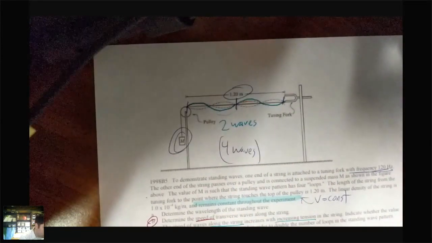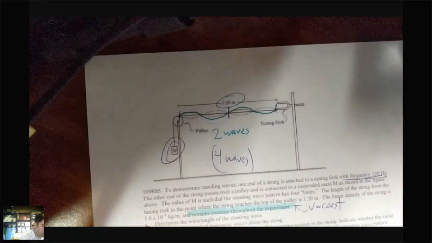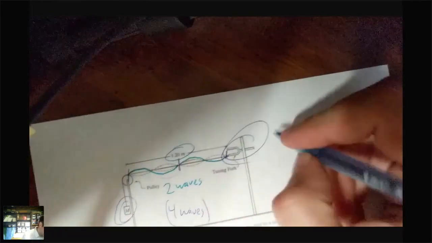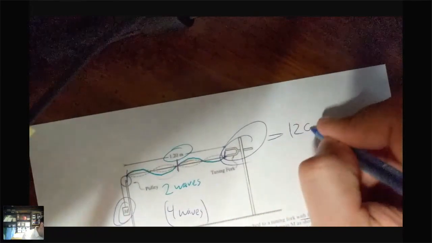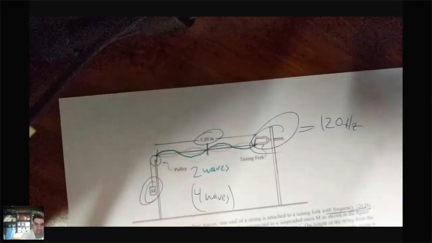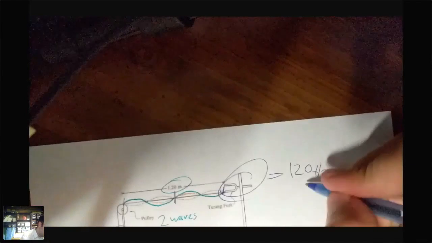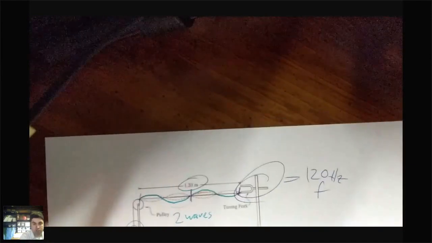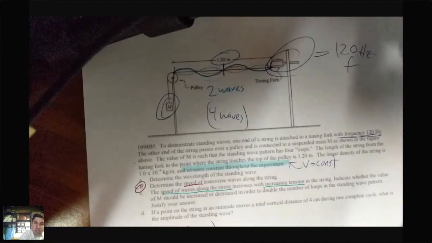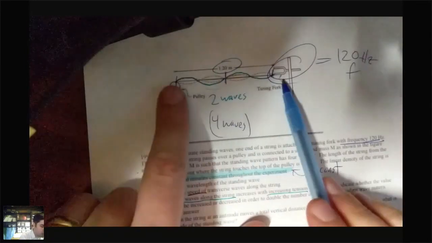Well, let's go step by step. The tuning fork is always 120 hertz. It's a constant value. We can't change the frequency. And we want to make the wavelength smaller. I want to fit 4 waves in this 1.2 meters, not 2 waves.